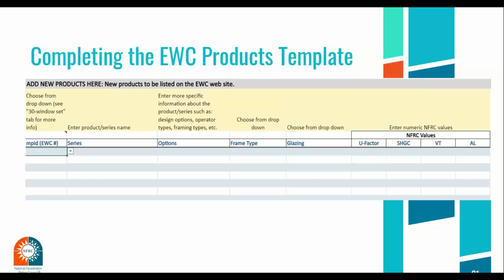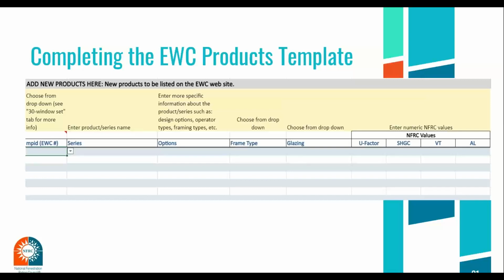So the very first column there that says MPID, which means manufacturer's product identification, would be that number 1 through 23. And then you have a couple of columns to add some detail, series and options. Series is usually the series name of your product. And as Jess previously mentioned, you want to limit the number of products that you put into the database, because you don't want to overwhelm the consumer with listing 1,000 products. So that's where you take advantage of this options column.